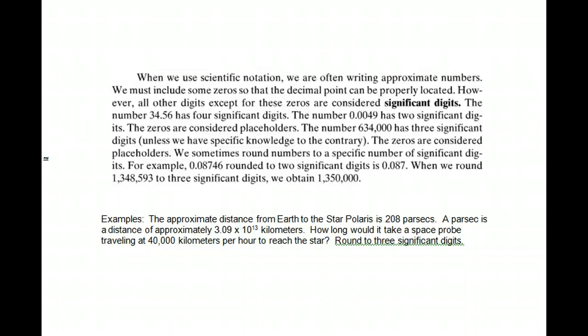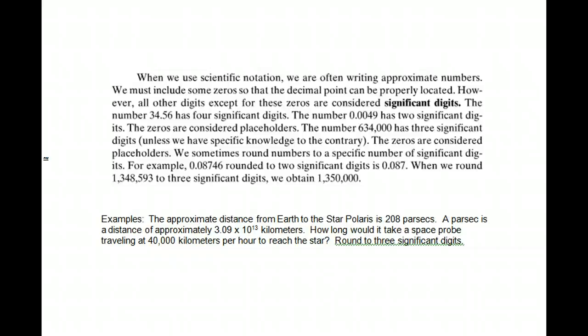Sometimes we round numbers to a specific number of significant digits. For example, if we have 0.08746 rounded to 2 significant digits, we would make that 0.087.